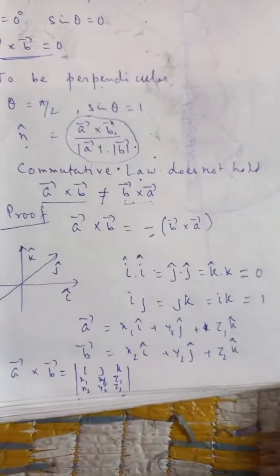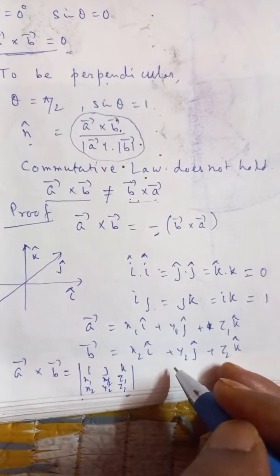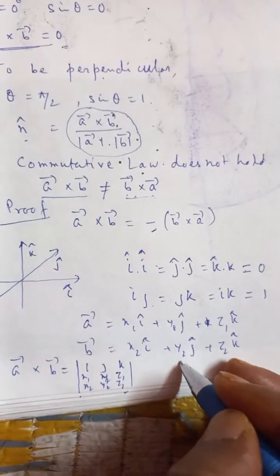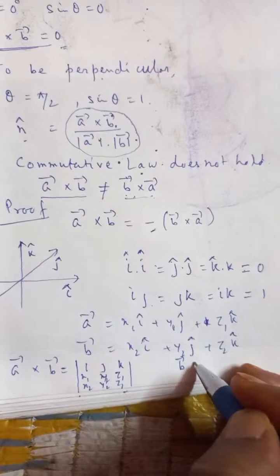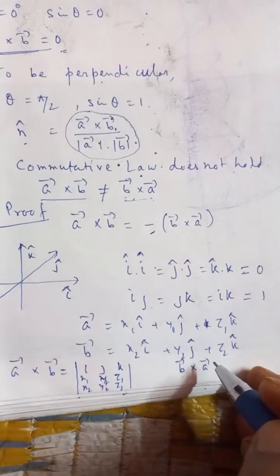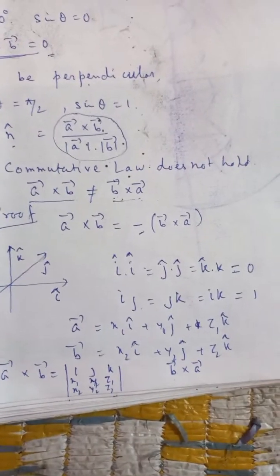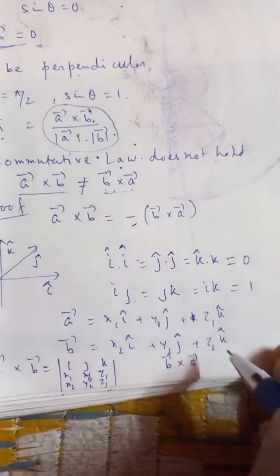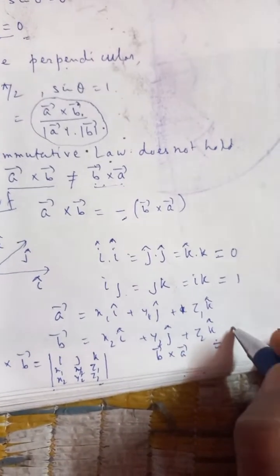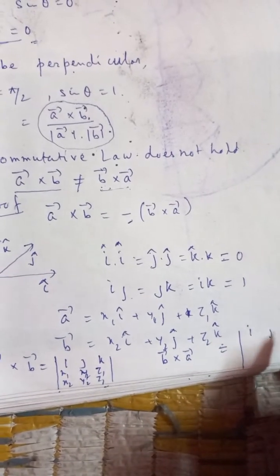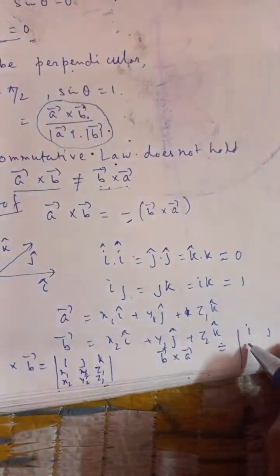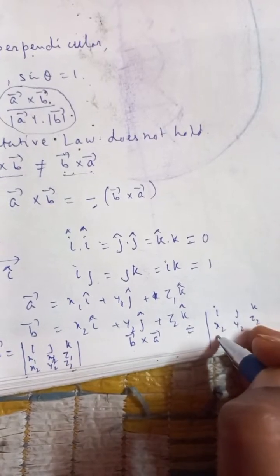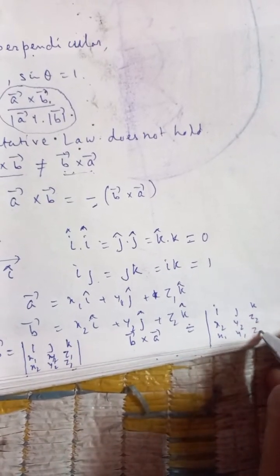And B vector cross A vector will be: i, j, k; x2, y2, z2; x1, y1, z1.